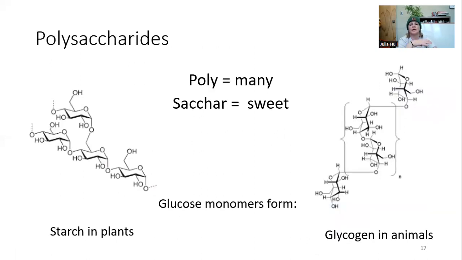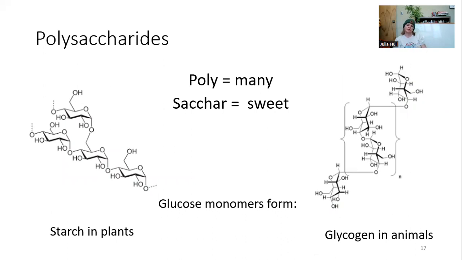Okay, so now we can talk about polysaccharides. Poly means many. We're still talking about sweet things, so saccharide meaning sweet. Our glucose monomers can hook up together in these really long, complicated things that store energy. In plants, we call that starch.